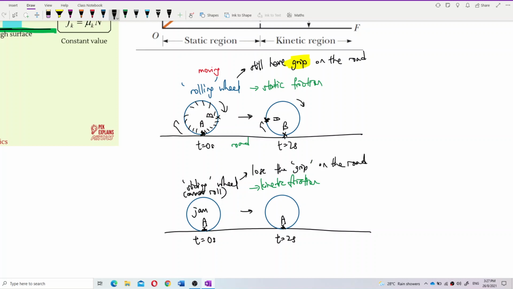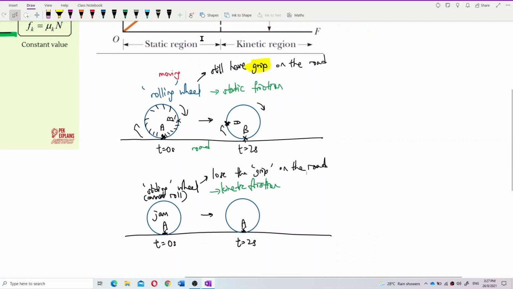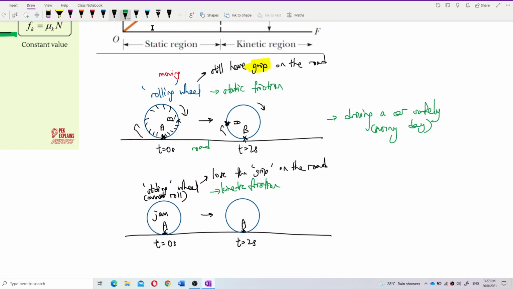You can imagine, if you're driving a car safely during a sunny day, the rolling wheel still has a grip on the road and experiences static friction. But compared to that, kinetic friction is like the car skidding, losing grip on the road, skidding during a rainy day.